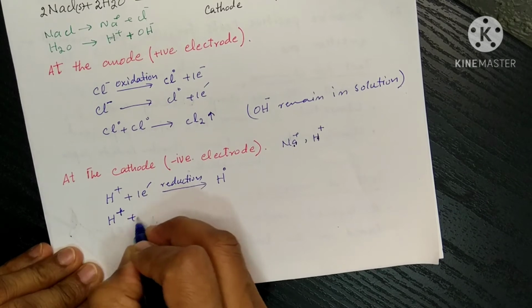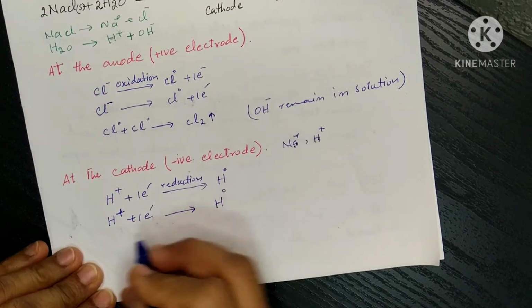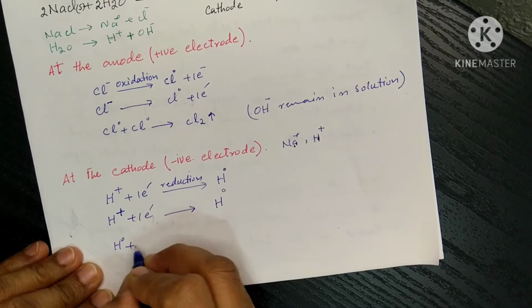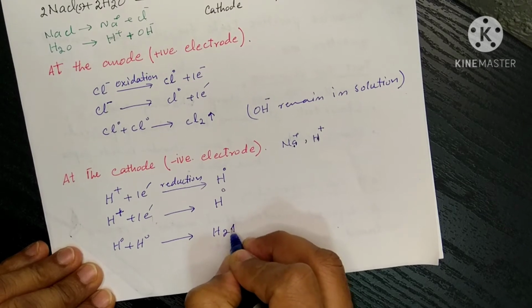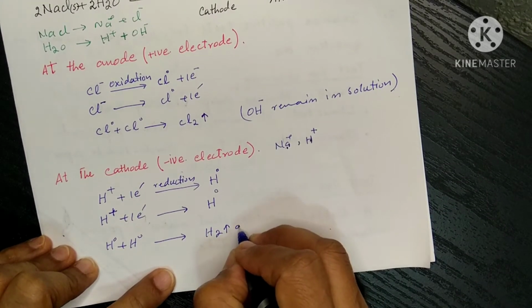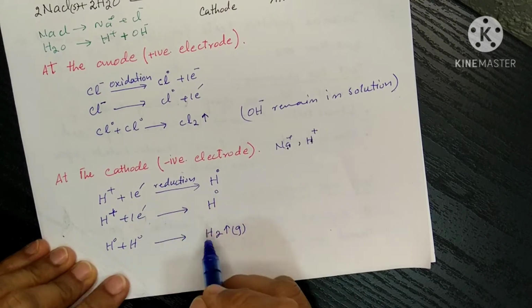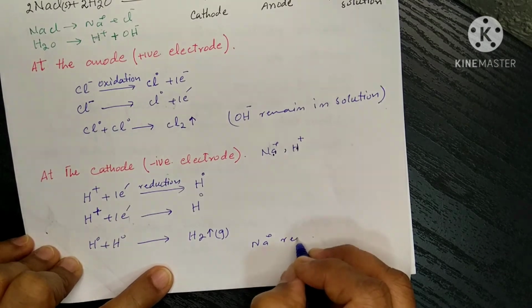Another hydrogen ion gains the electron and converts into neutral hydrogen, and these two neutral hydrogen atoms combine together through covalent bonding and convert into hydrogen gas. It means the hydrogen gas is released at the cathode, and sodium ions remain in the solution.